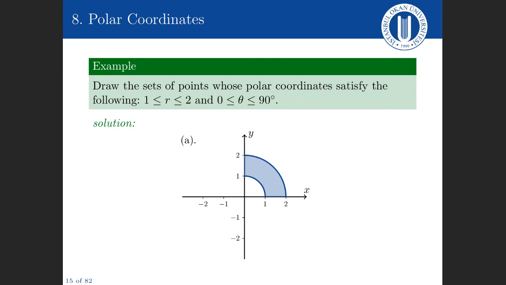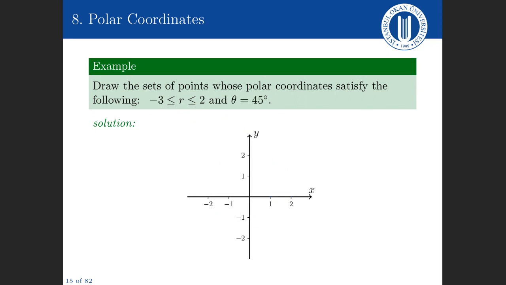Another one. Draw the set of points whose polar coordinates satisfy the following rules. R is between -3 and 2. Theta is equal to 45 degrees. Let me start with the angle first of all. Theta is 45 degrees. This is straightforward.